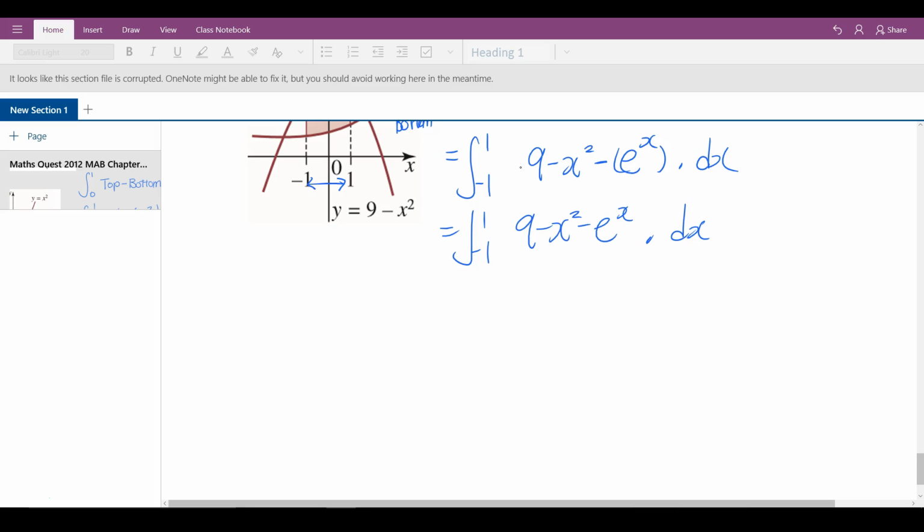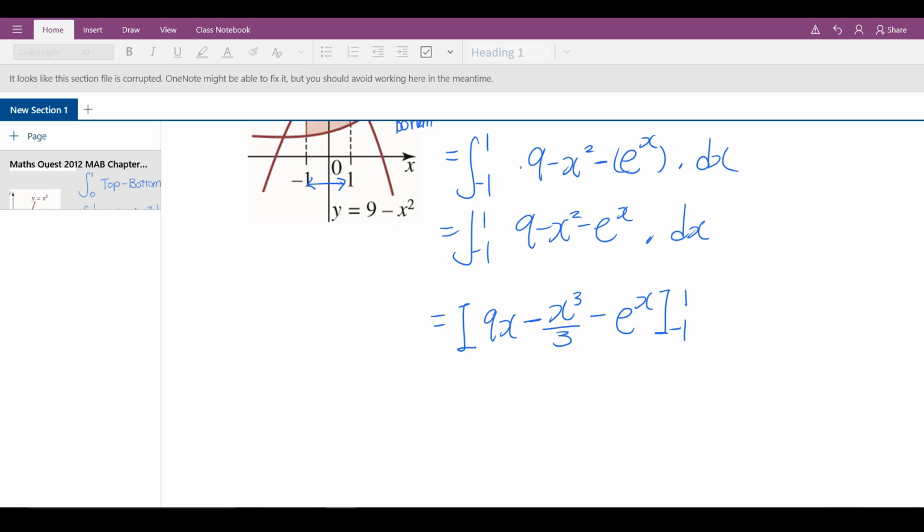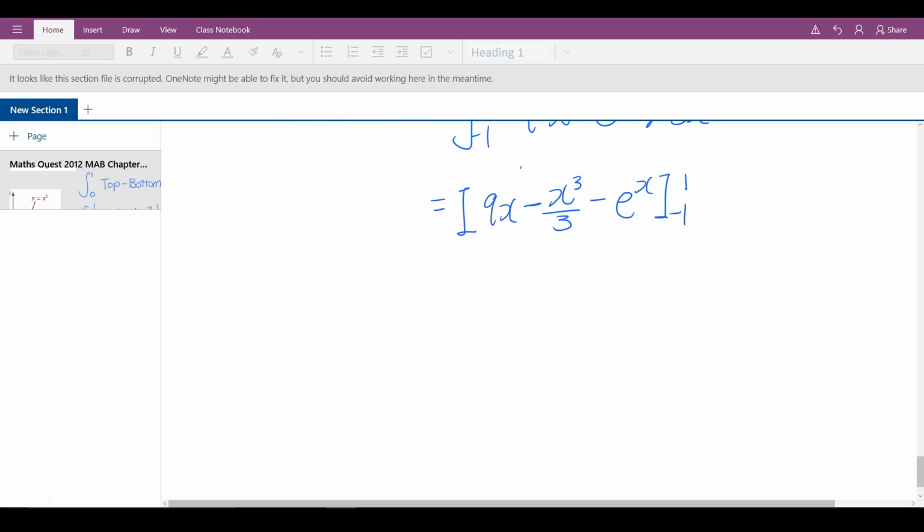So 9 integrates to 9x minus x cubed over 3 minus, now e to the x. When you differentiate e to the x, you get e to the x, so when you integrate e to the x, it's e to the x. So it's from -1 to 1. Let's work it out.